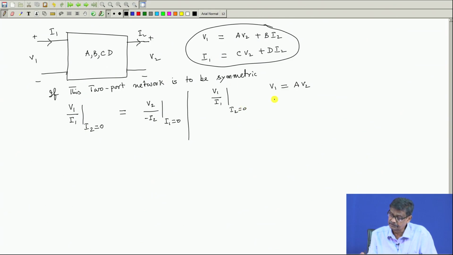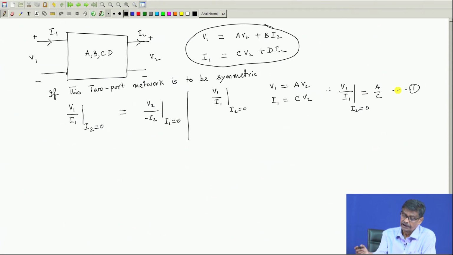From the second equation, for the same condition, you will get I1 is equal to C V2. Therefore, you just divide these two and you get your desired result. I wanted to calculate V1 by I1 with I2 equal to 0, which will be equal to A by C. I keep this result with me.